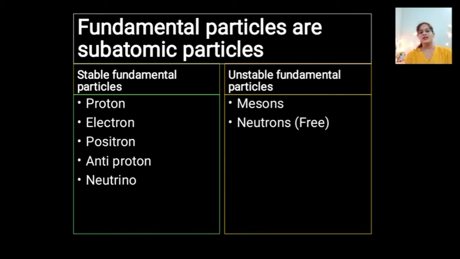As you can see on the slide, I have divided them into two parts: stable fundamental particles and unstable fundamental particles. You might be thinking, what are these? Because it is not mentioned in your NCERT book. But this is important. See how we define this criteria.